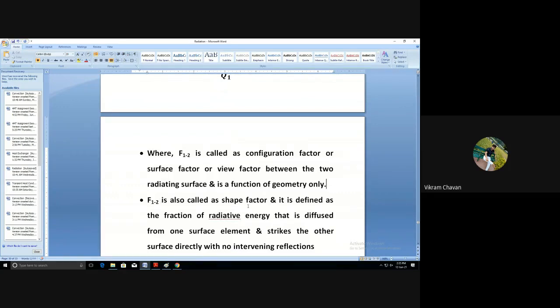It's called the shape factor or configuration factor or surface factor, and it is defined as the fraction of radiative energy that is diffused from one surface element and striking the other surface directly, okay, directly with no intervening reflections. Okay, there is no surface present which will reflect the emitted radiations.